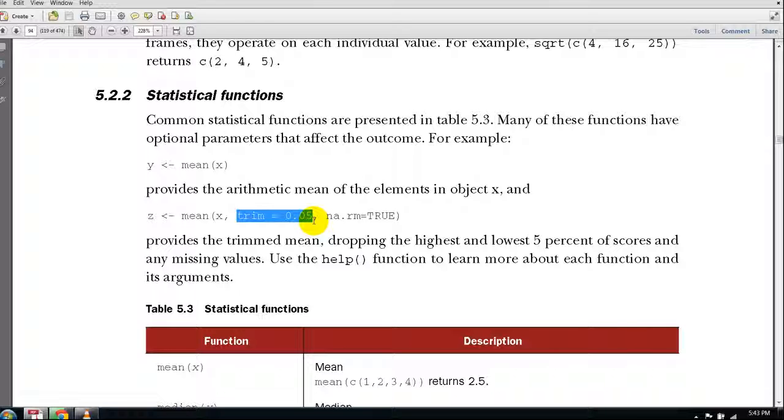Sometimes you want to do that because you might have a really high point that's completely different from the other data, and you don't want to include it in your calculation of the mean. And this, we've seen before, is to remove all the NAs, otherwise the mean won't work properly.